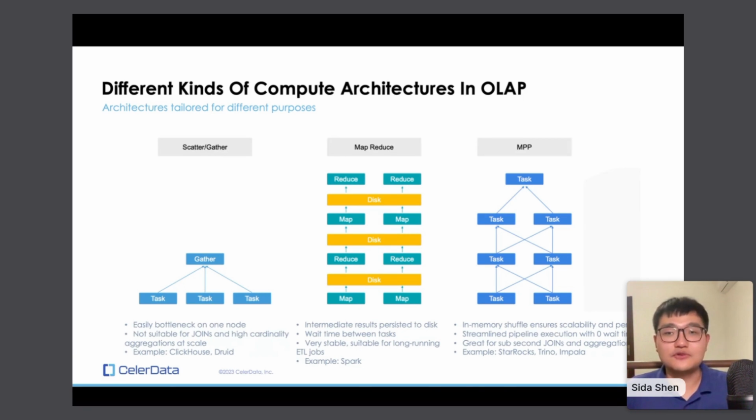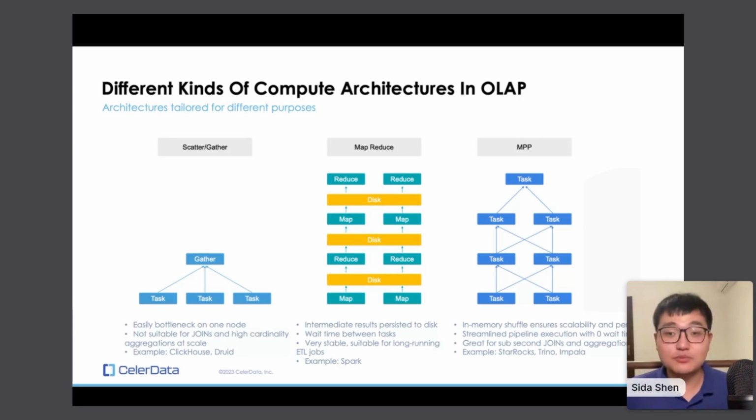So first is scatter gather. Scatter gather is basically where you have a bigger node and you spread the task into smaller nodes, and it does not really have the ability to reshuffle the data based on the key once the query is already running.